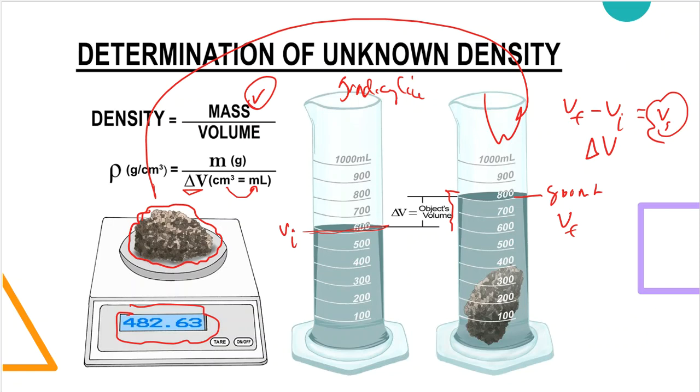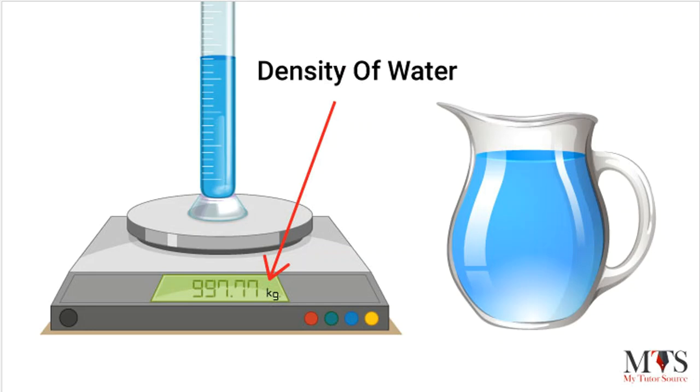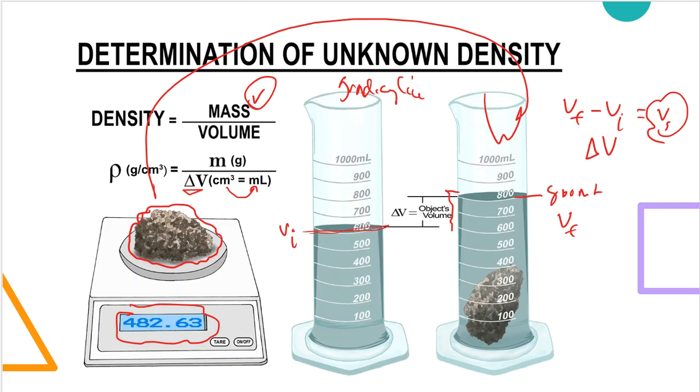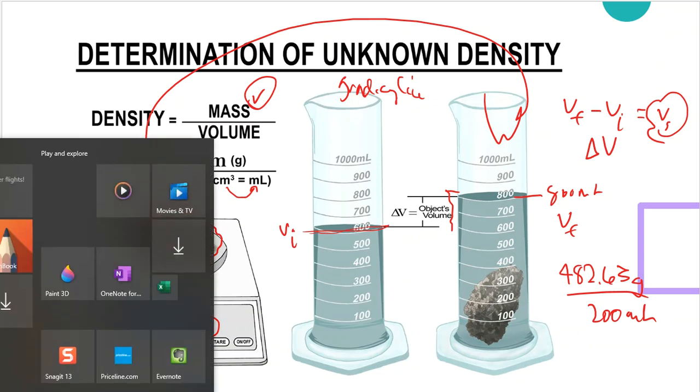So therefore, I now know the density, or I can calculate the density of my solid because I'll take my mass, and my mass here is going to be 482.63 grams divided by the volume displacement of this solid object, which started at 600. It went to 800. Therefore, 200 milliliters is the volume displacement. So on my handy dandy little calculator, I'll pull that up.